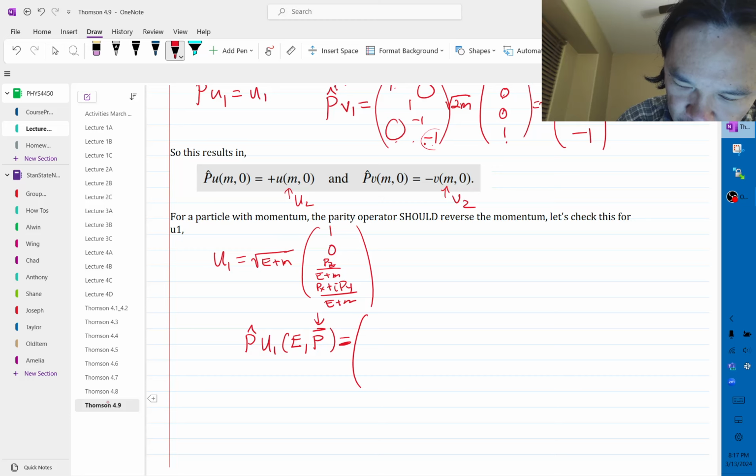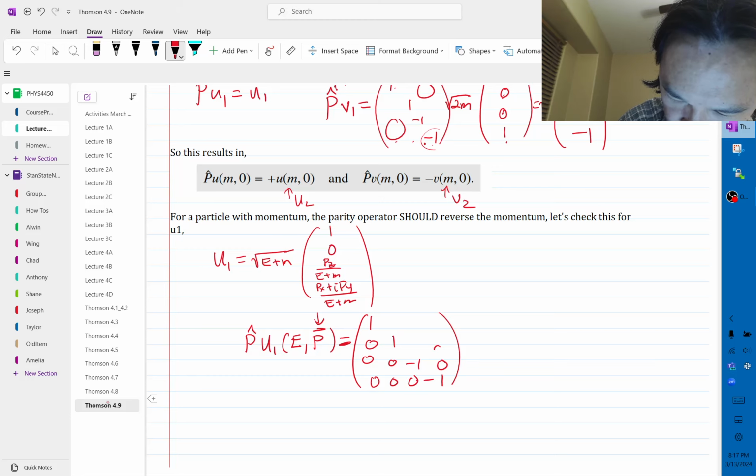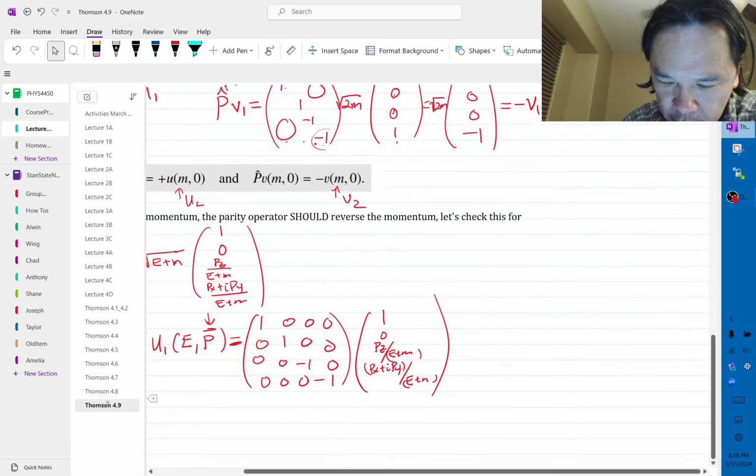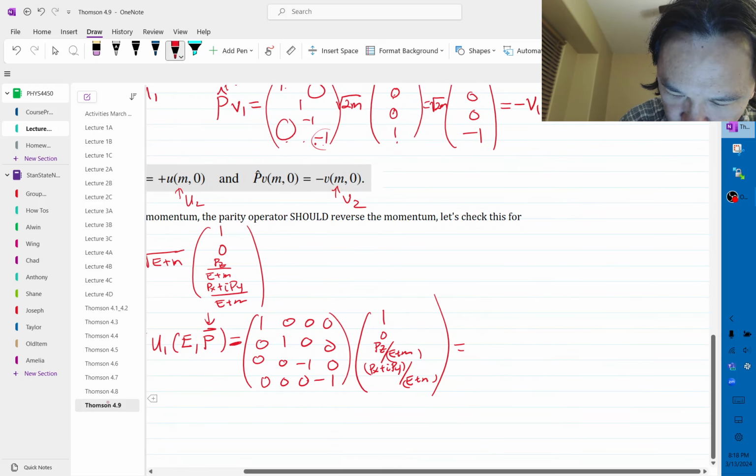So this giant matrix, 1, 1, negative 1, negative 1. And this time I'm going to write out the zeros because I'm going to have to figure out which thing I'm multiplying. And 1, 0, Pz over E plus m, Px plus i Py over E plus m, with parentheses all around this, guys. What does that equal? Well, the first component is 1 times 1.